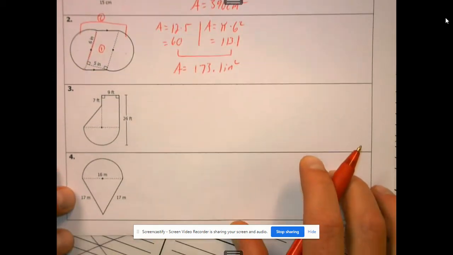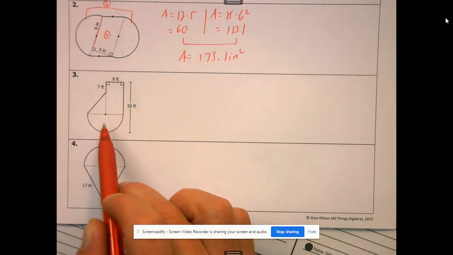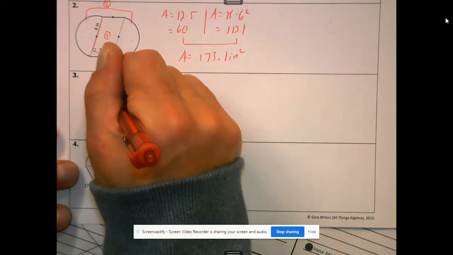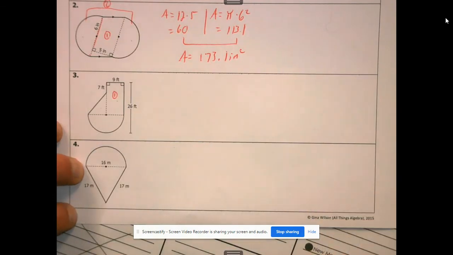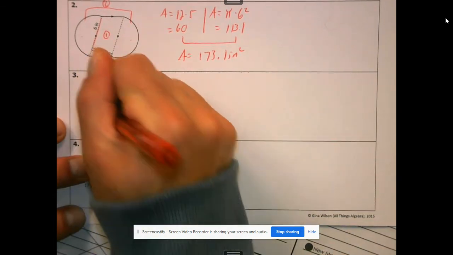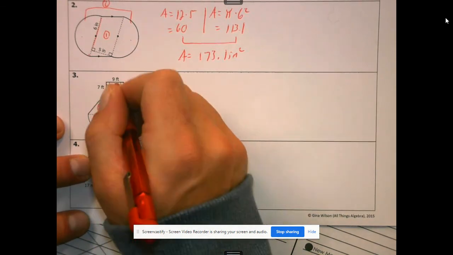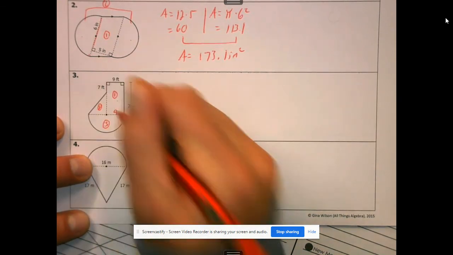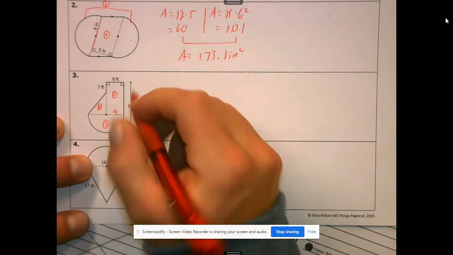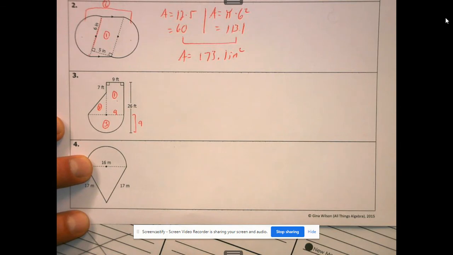Number 3 is a trickier one. You've got to do a little more work on this guy. You've got a rectangle, a triangle, and a semicircle. Let's do the old rectangle first here. Then we'll knock out the triangle second, and then we'll do the semicircle third. All right, some pieces we've got to find here. I know this part's 9, that part's 9, which would mean from here to here is also 9, right?